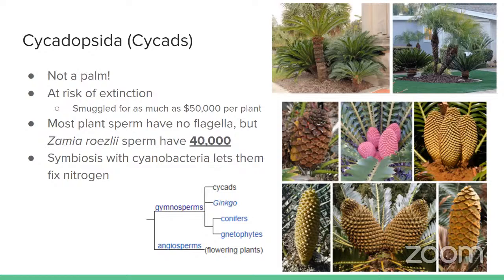They do this by having symbiosis with different types of bacteria. The cycads have a symbiosis with cyanobacteria, so they're protecting these bacteria in nodules near their roots, which allows them to convert this nitrogen into a usable form.